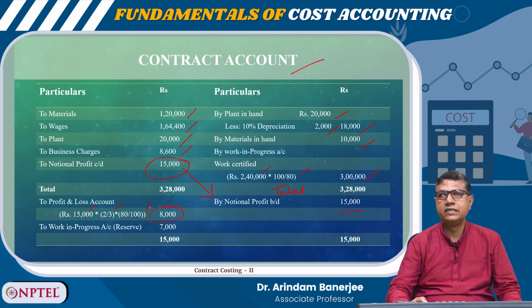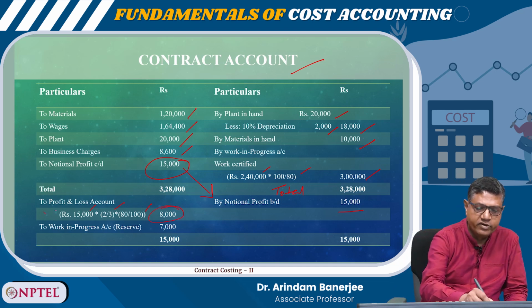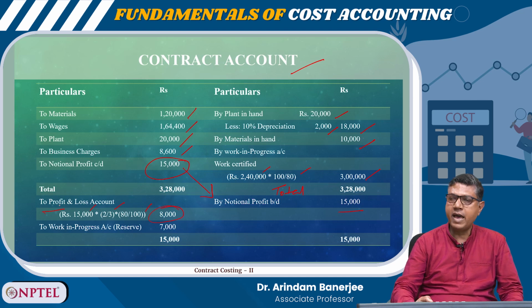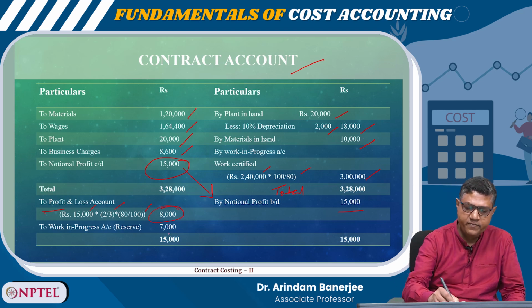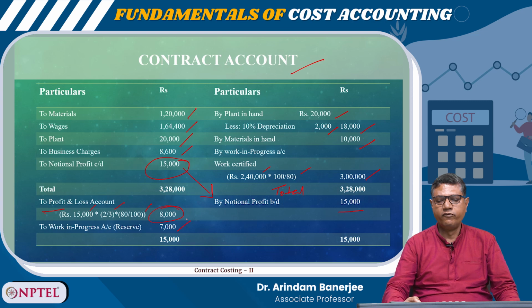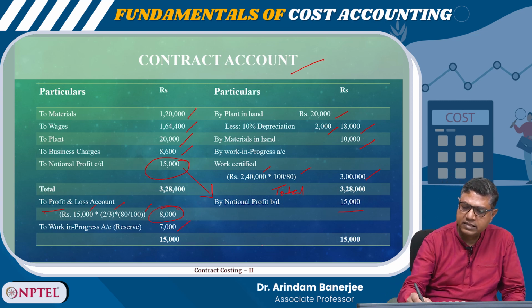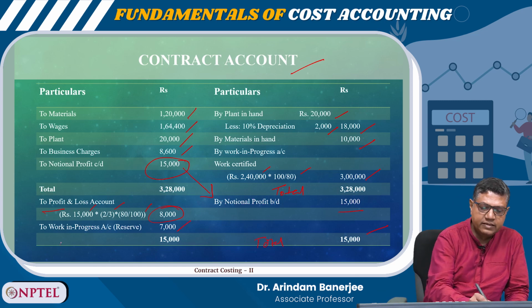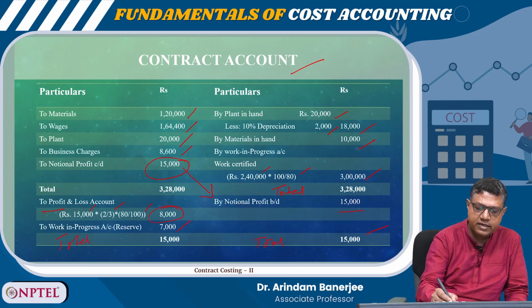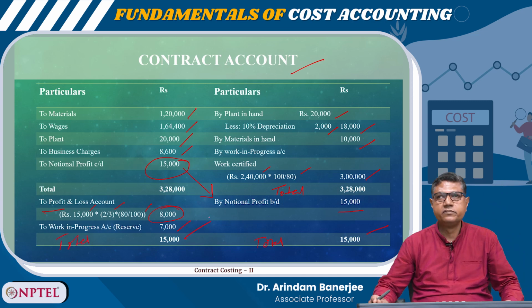So, 8,000 is getting transferred to the profit and loss account, and the balance, the reserve, the 7,000, is going to work in progress. The total this side is again coming 15,000. This side also the total is coming at 15,000. Fine. So, this is my problem.